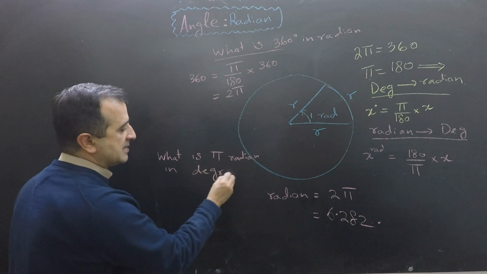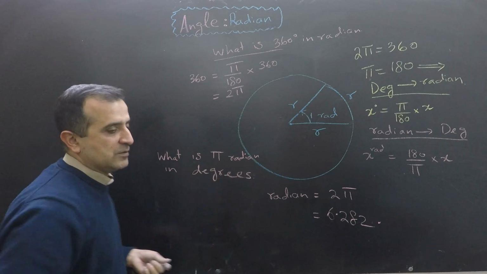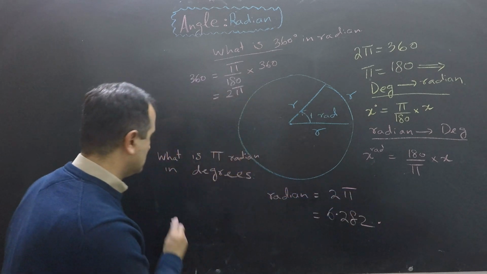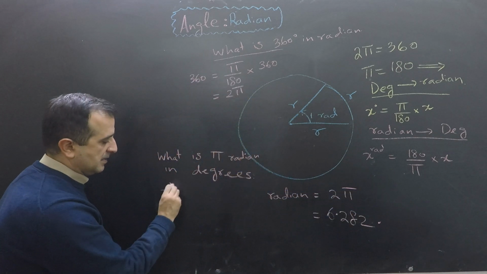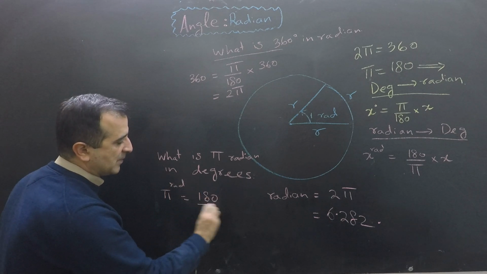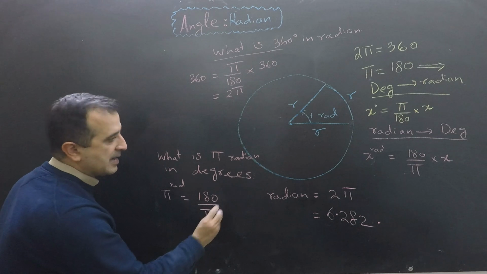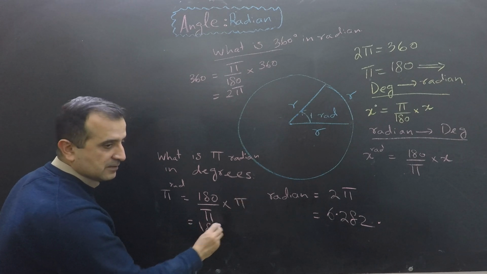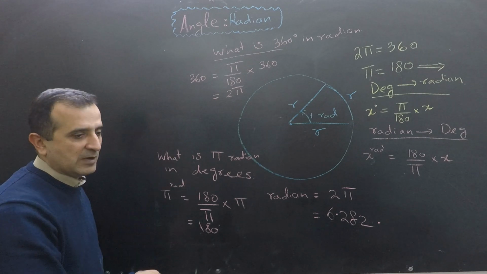For that we will use this formula. Pi radians is equal to 180 divided by pi times pi, which is equal to 180. So I'm just saying this formula works, right?